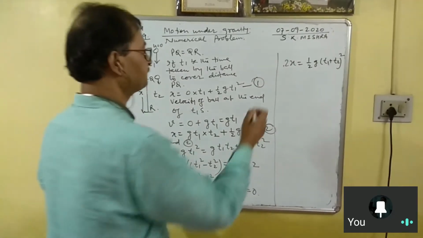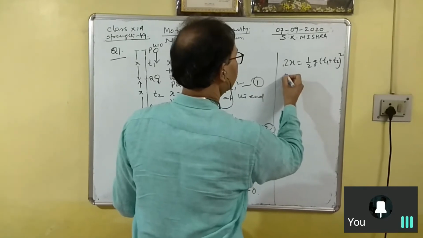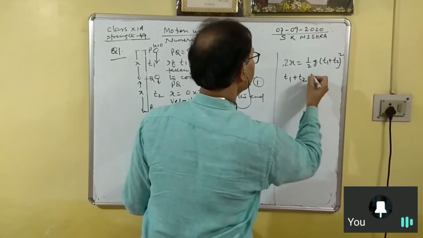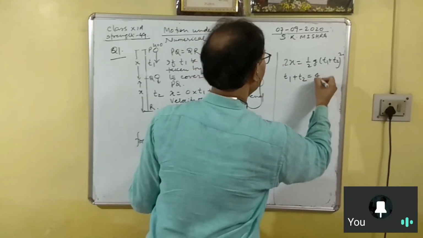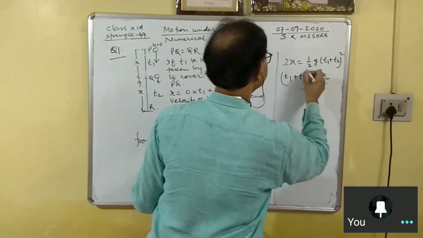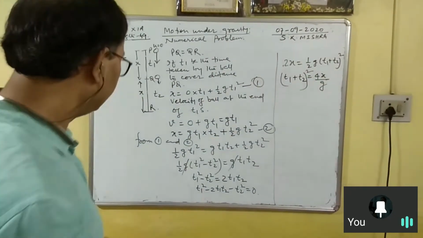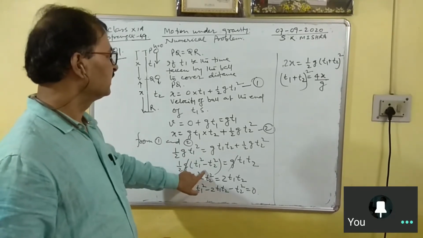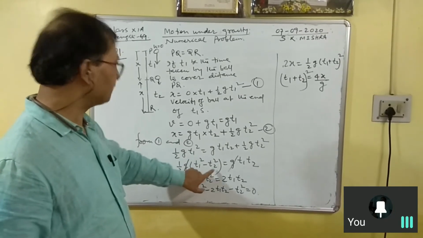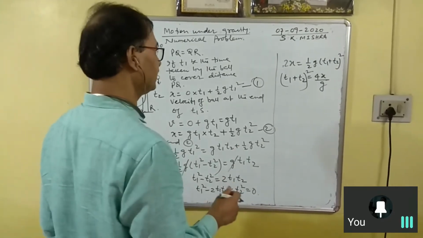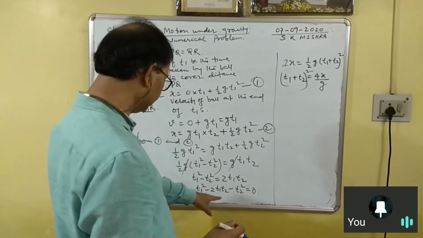From here t1 plus t2 is 4x by g, square, and you have somewhere t1 minus t2 square, t1 square minus t2 square. So from this relation you can substitute the value.